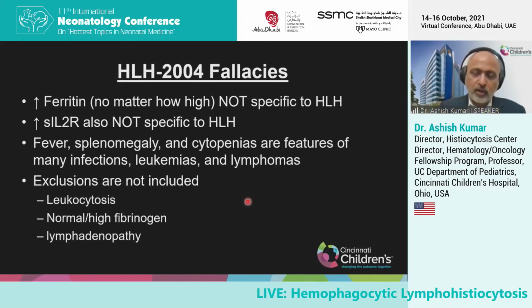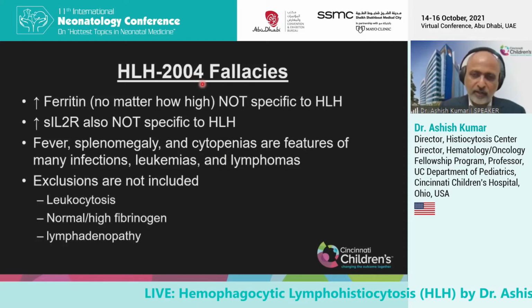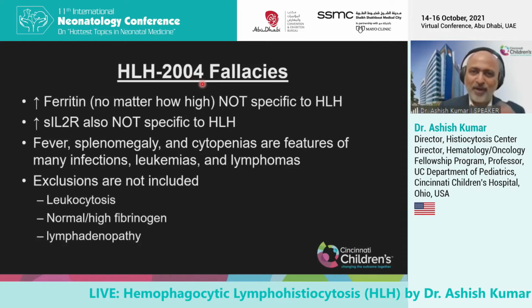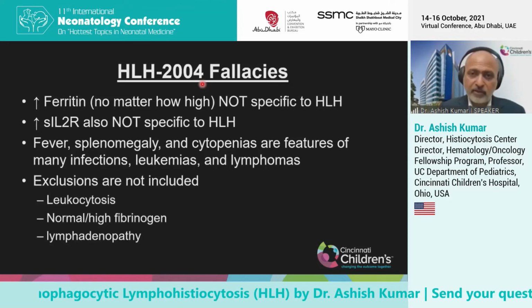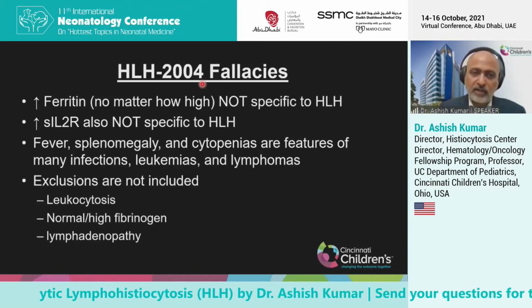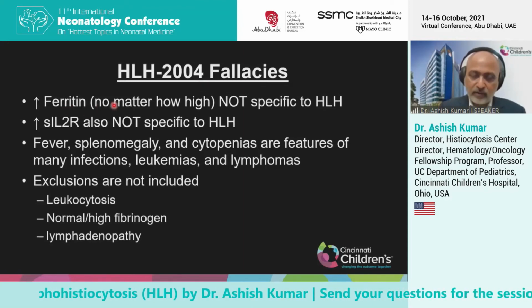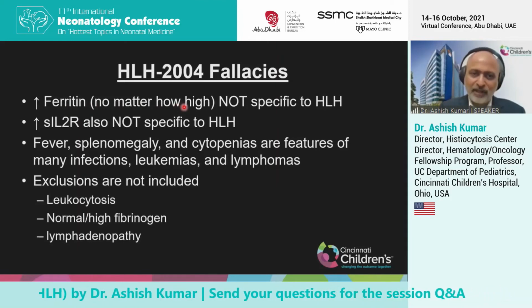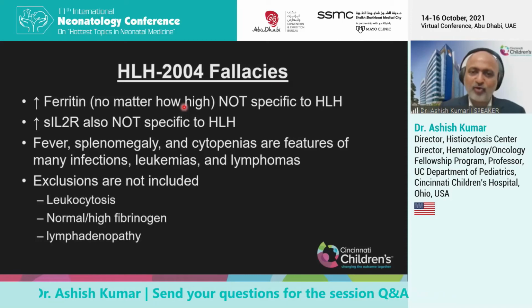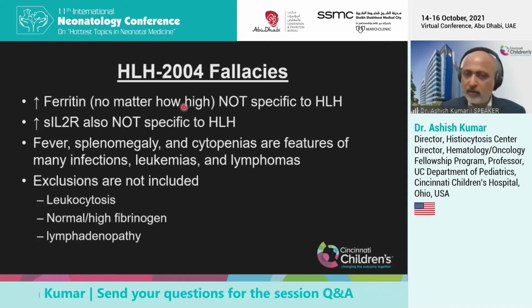And so basically what I'm trying to tell you is that the HLH 2004 criteria may have been appropriate back in 2004, but now that we know more about this, we are learning that an elevated ferritin does not matter how high. There are some papers that mention that a ferritin above 10,000 is more specific to HLH. In our experience, that is not true.